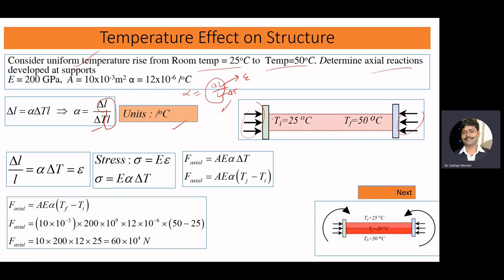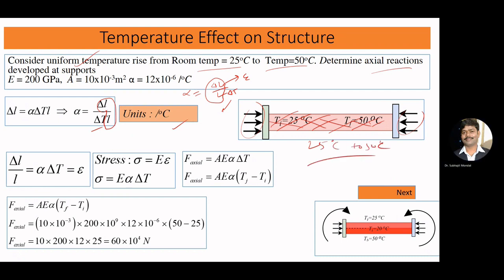Uniform temperature rise means throughout the member the temperature rises from 25 to 50 degrees Celsius, and if there is a uniform temperature rise, then in the member there will be only axial forces. Now we have to calculate how much axial force is developing in the structure.